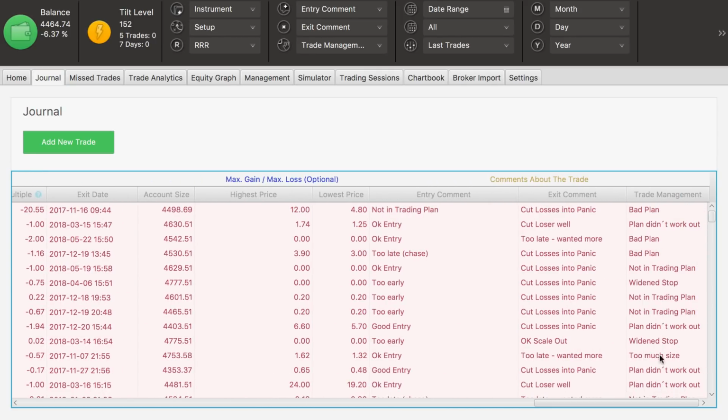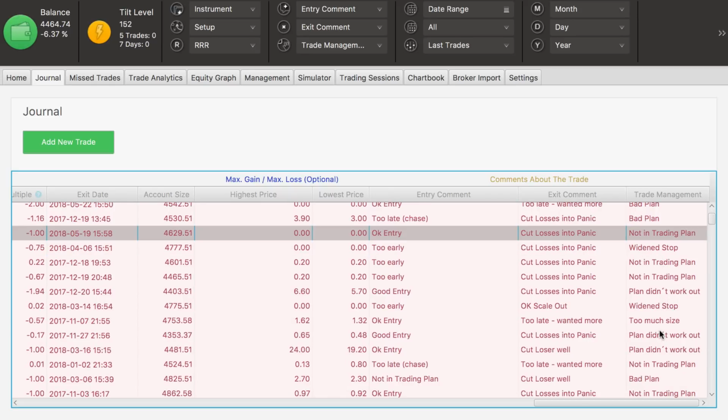And when we go here to the right, we can see his trade comments, and there are a few things that really stand out, especially here in the trade management. He often uses the tags bad plan, or widen stop loss, not in trading plan, and those are the ones that we should really focus on.